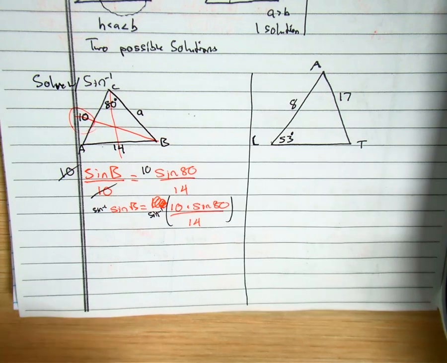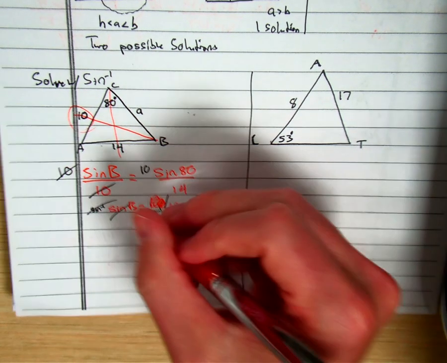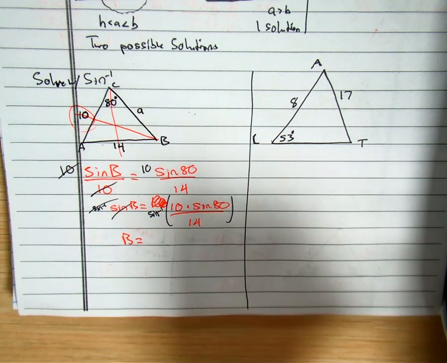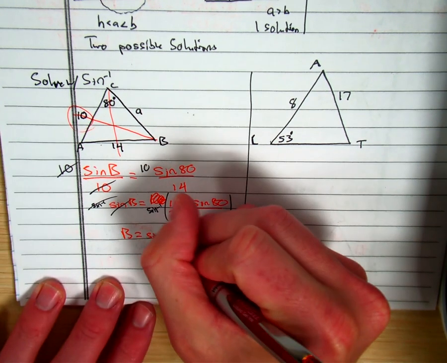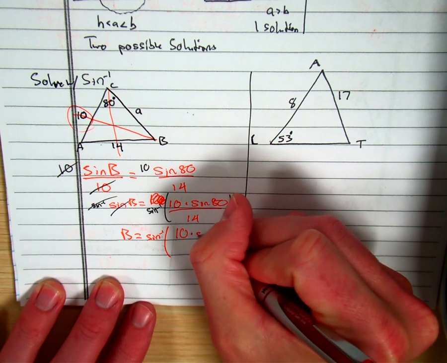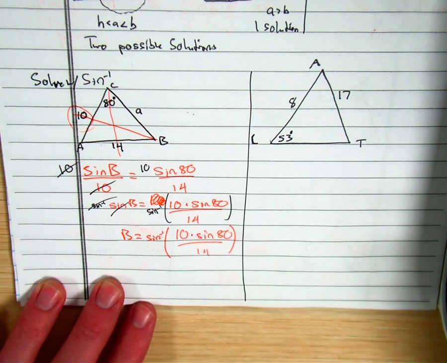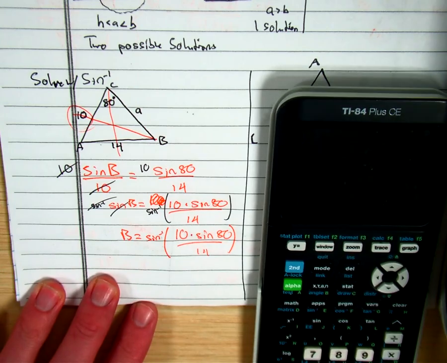We're going to do the sine inverse of both sides. Sine inverse will give you an angle back for an answer. Let's see how we type that in.